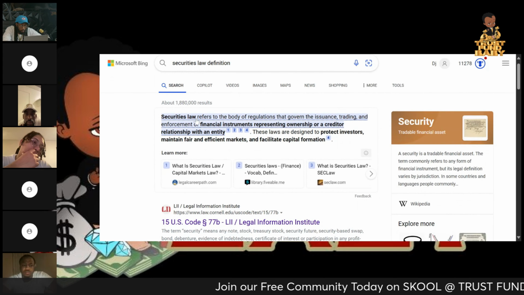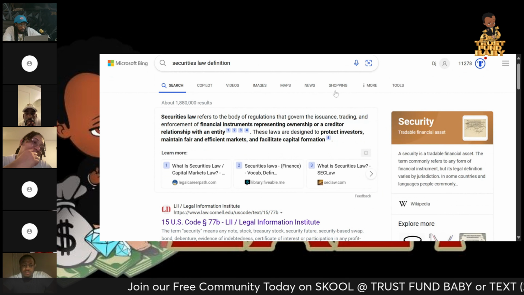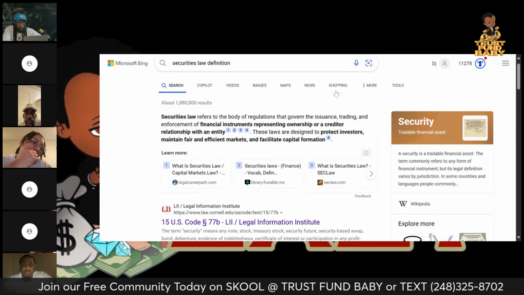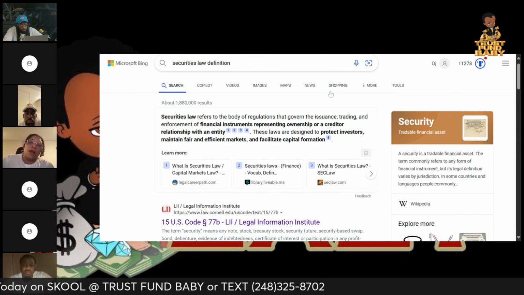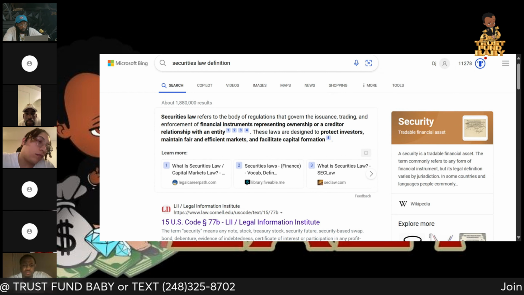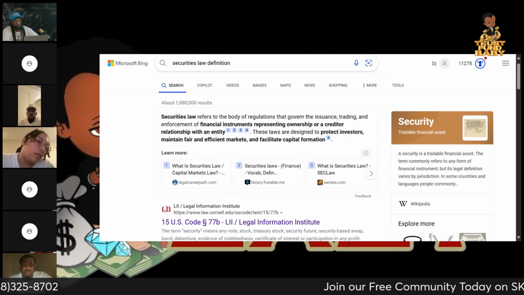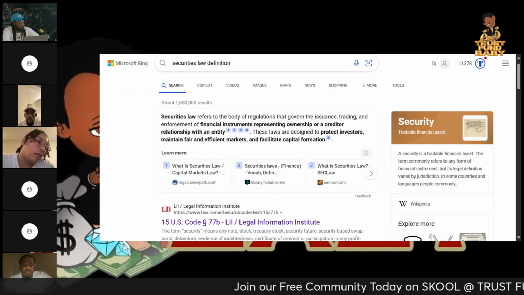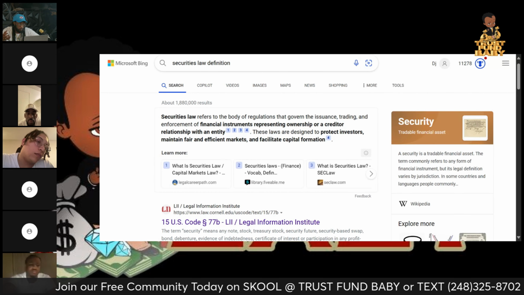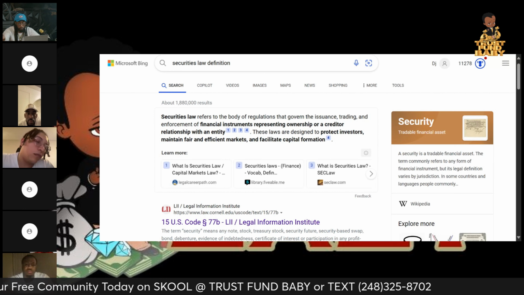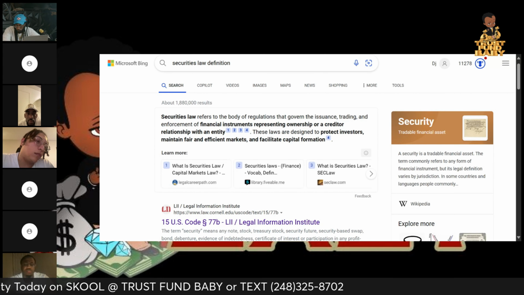So right here, security law refers to the body of regulations that govern the issuance and trading of financial instruments representing ownership or a creditor relationship with an entity. So that's all it takes. These laws are designed to protect investors, maintain fair and efficient markets, and facilitate capital formation.